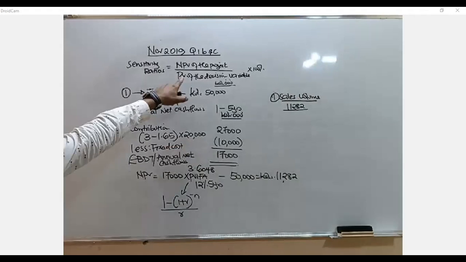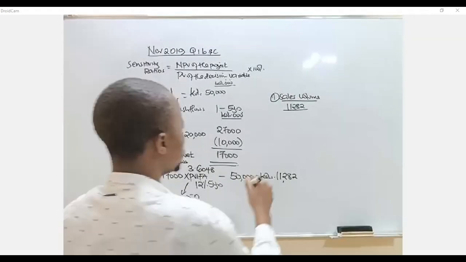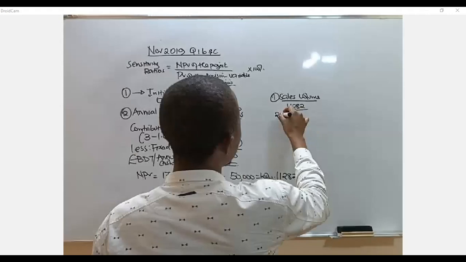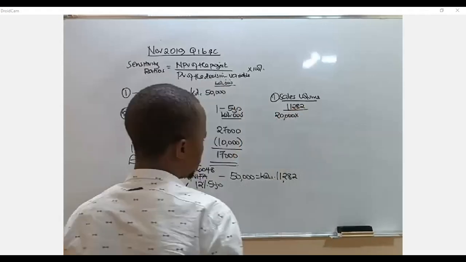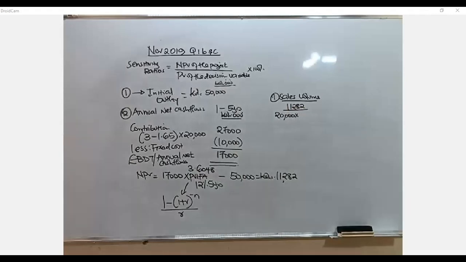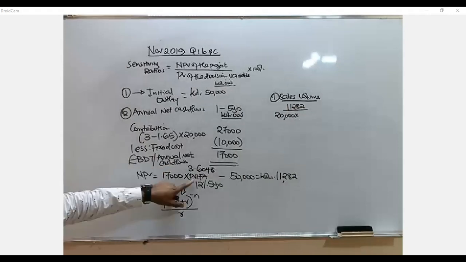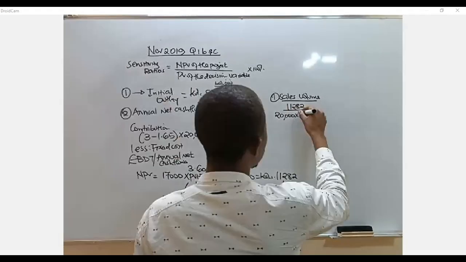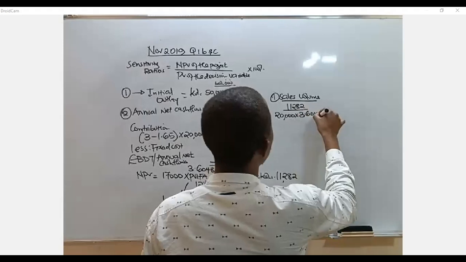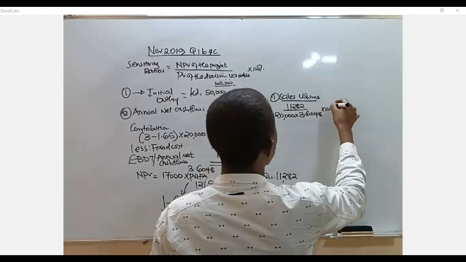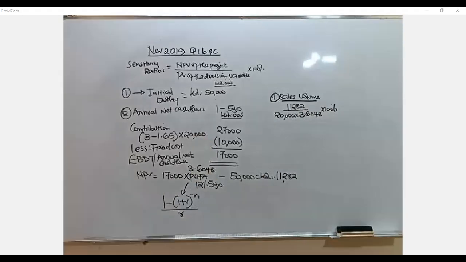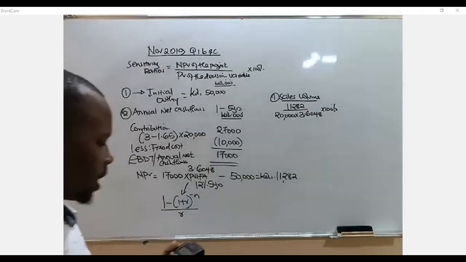Remember, you have to discount it to get the present value, so you multiply by the present value interest factor annuity, 3.6048, then multiply by 100%. So we divide 11,282 by 20,000 times 3.6048, and I'm getting 15.65%.